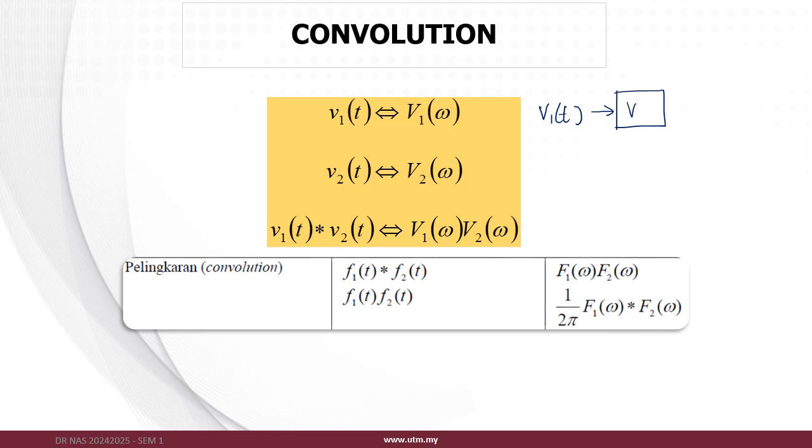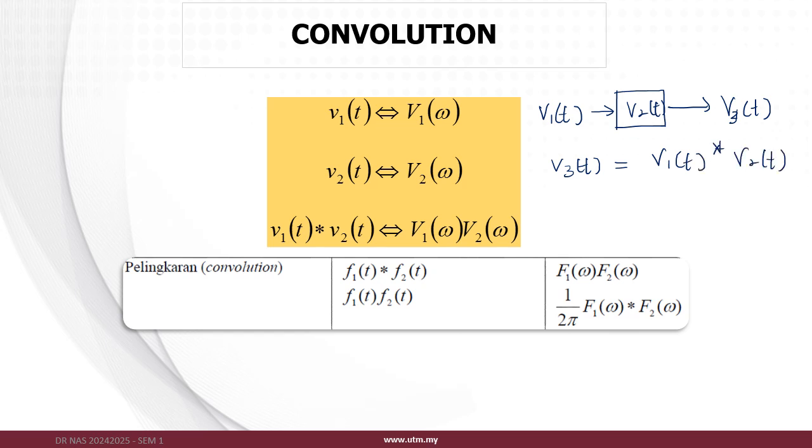so here you have v2(t), and the output is v3(t), for example. In this case, v3(t) is equal to v1(t) convolved with v2(t).